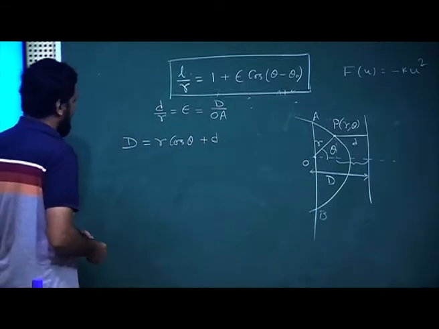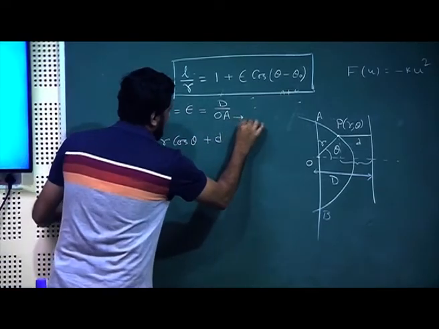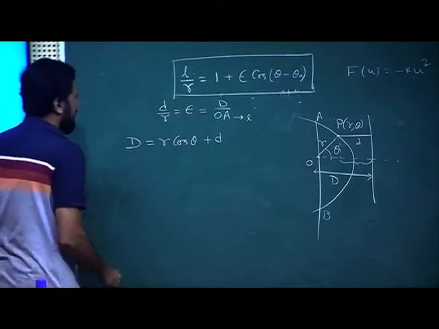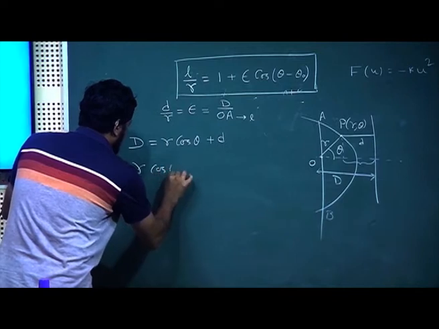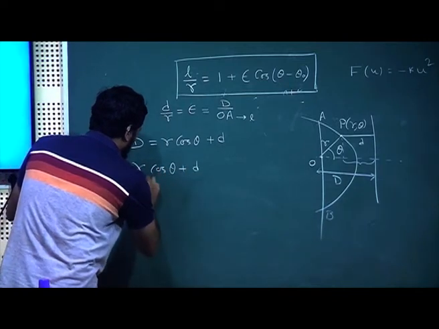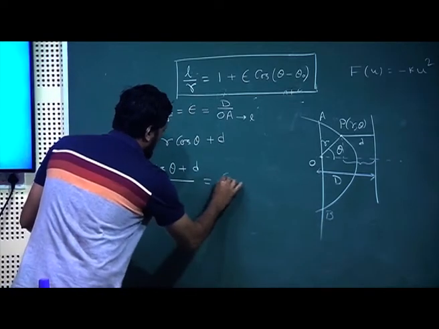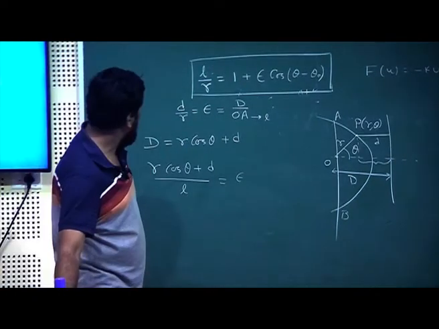Let us call this length OA to be L. This L, as you guessed, is the same L. So, r cos theta plus d, whole divided by L, is equal to epsilon. Now, we start rearranging things.